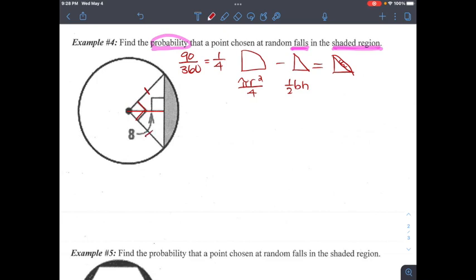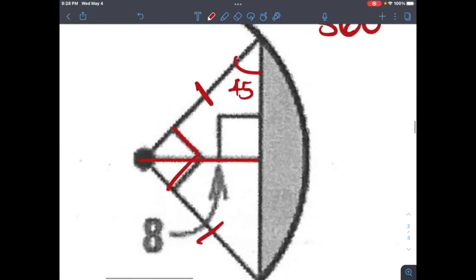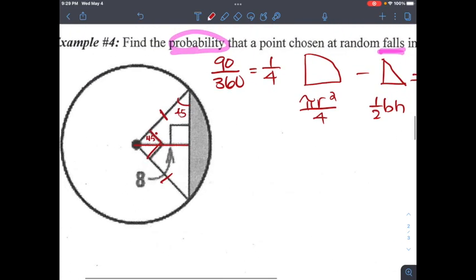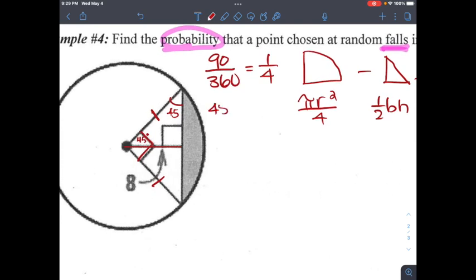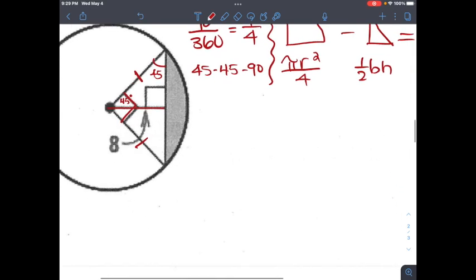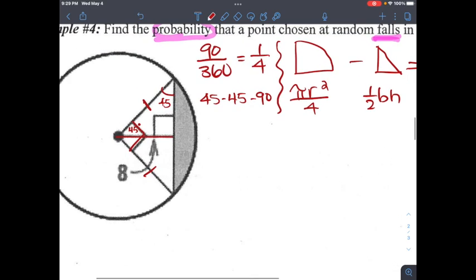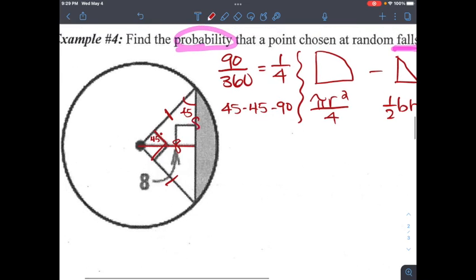So when you drop it, that's going to give you a 45 and 45 degree triangle. So that is actually a 45, 45, 90 degree triangle that we are talking about. So because of that, you should know this is 8. That's what they say. And then that means this is also 8.